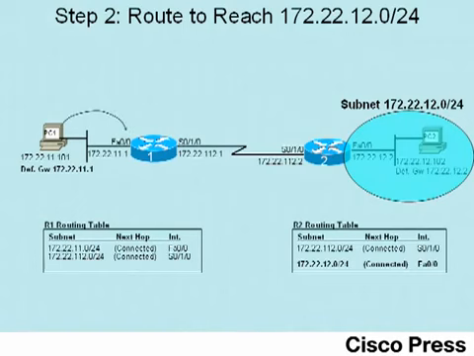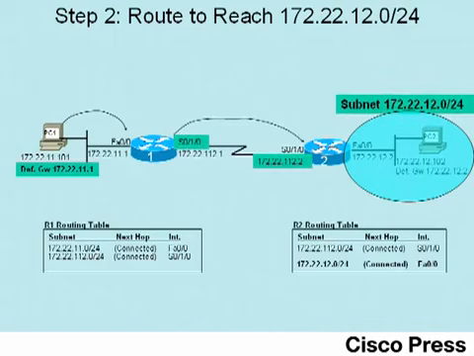First of all, thinking about PC1's logic, when PC1 wants to send a packet to a different subnet, like to PC2, PC1 simply uses its default gateway, in this case forwarding the packet over to router 1. When router 1 gets the packet that's destined to PC2, router 1 notices that it does not have a route matching PC2 as the destination address. So we'll need to add a static route as shown here. First of all, we'll add a static route that points to PC2's subnet, namely the 172.22.12.0 subnet, and we need to tell router 1 how to forward packets destined to that subnet.